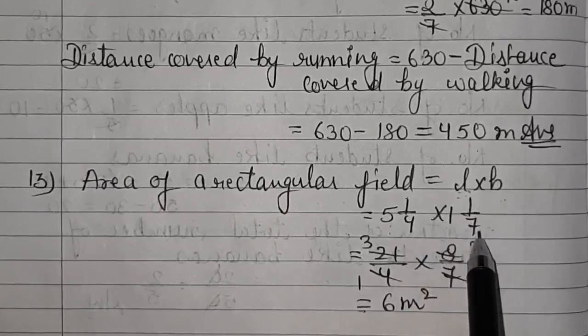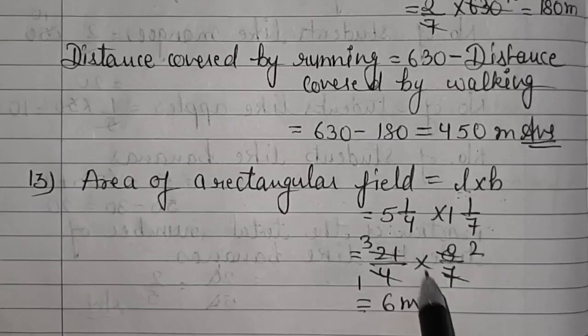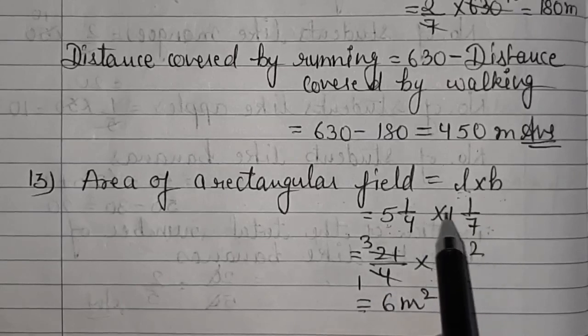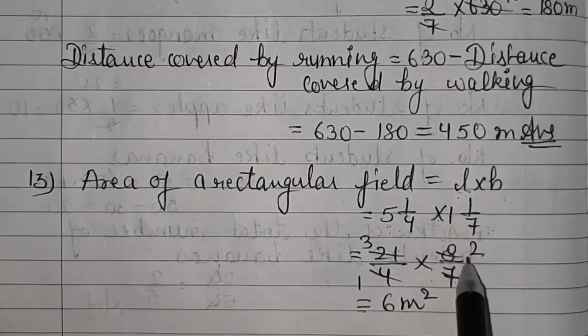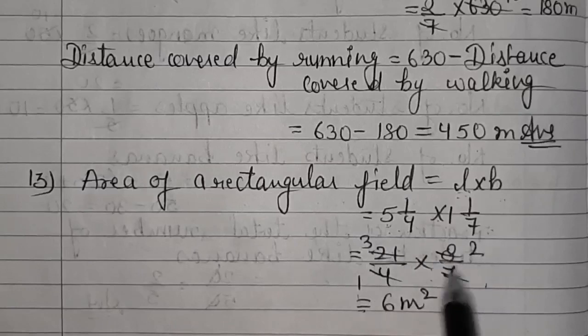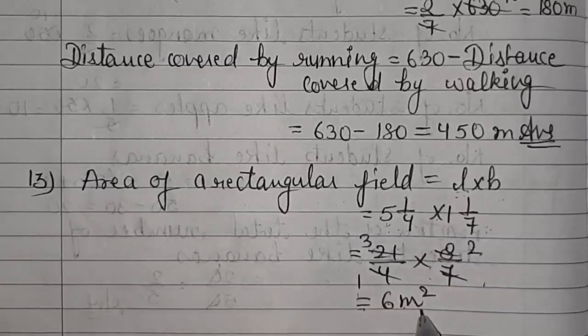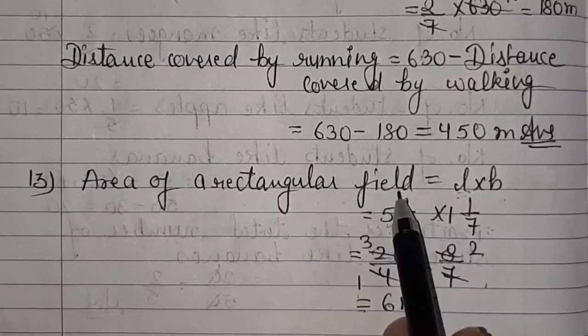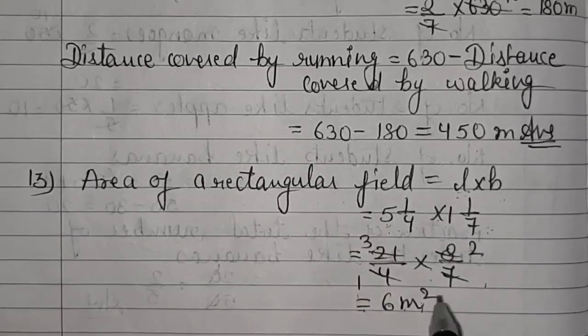Convert these two mixed fractions into improper fractions. 4 5s are 20, 20 plus 1 is 21 by 4 into 7 1s are 7, 7 plus 1 is 8 by 7. When we simplify, 7 1s are 7, 7 3s are 21, 4 1s are 4, 4 2s are 8. 3 into 2 is 6 meters square. Area of rectangular field is coming 6 meters square.